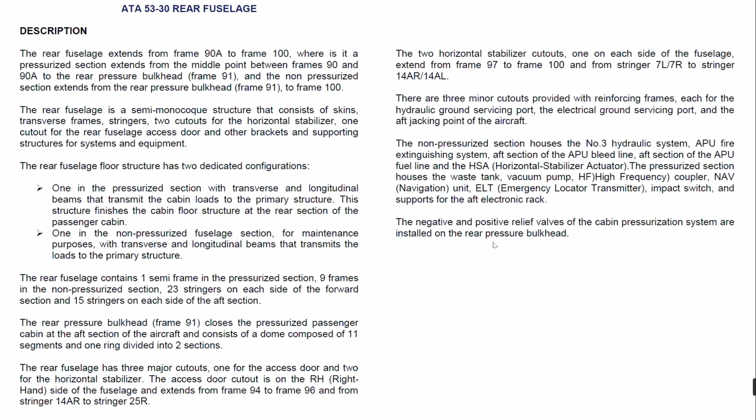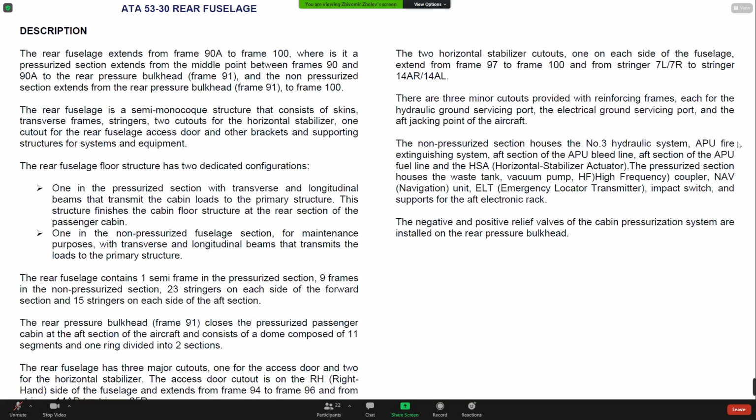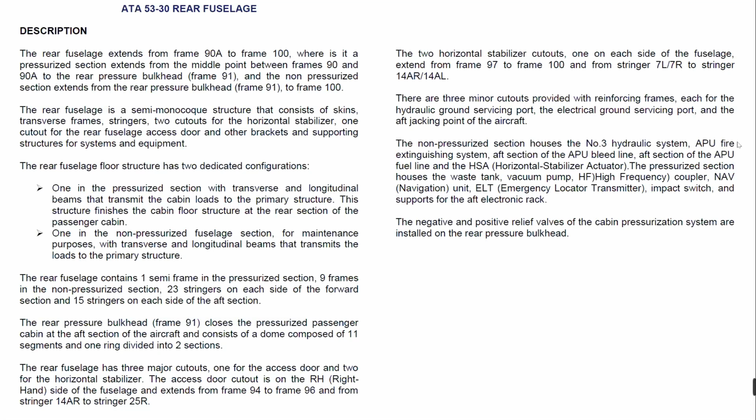The rear fuselage is semi-monocoque structure. We have again skins, transverse frames, stringers. We have two cutouts for the horizontal stabilizer, one cutout for the rear fuselage access door, and some brackets and supporting structure, secondary structure for system and equipment.